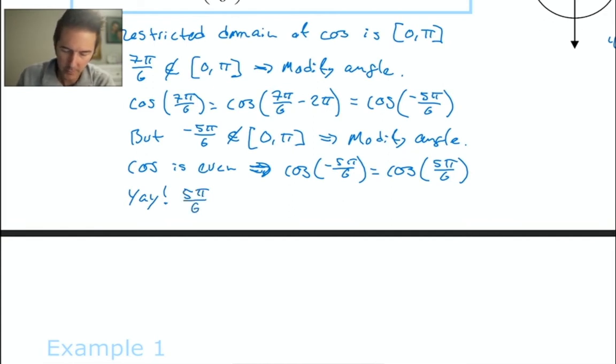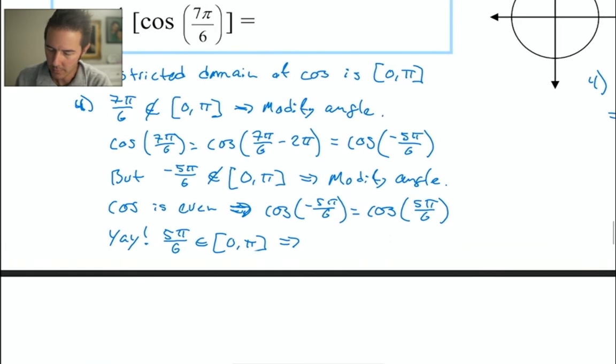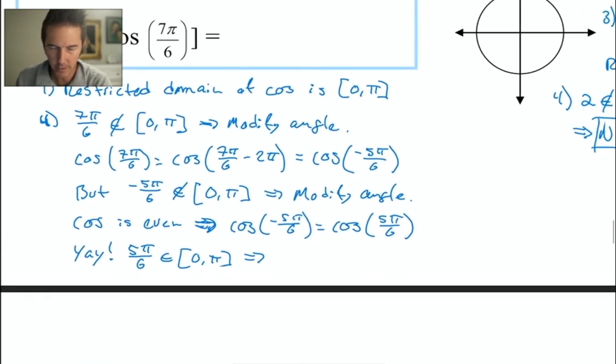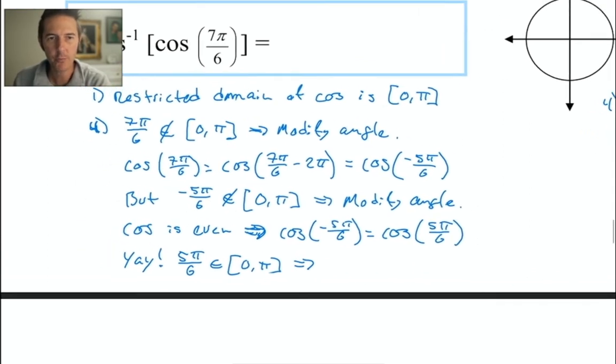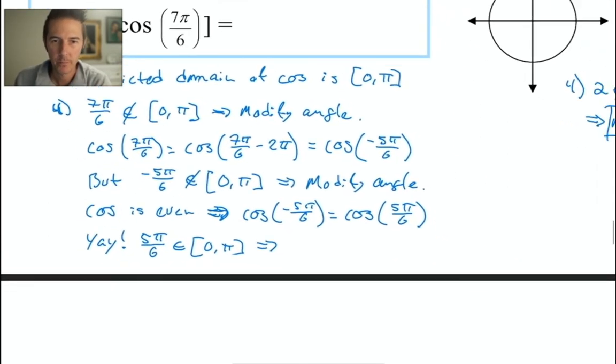Because 5 pi over 6 is in the restricted domain that goes from 0 to pi. Therefore, now I wish I had a little bit more space to write another line below where I'm at right now, but instead I'm going to go across the bottom of the page. I'm going to rewrite the original problem.